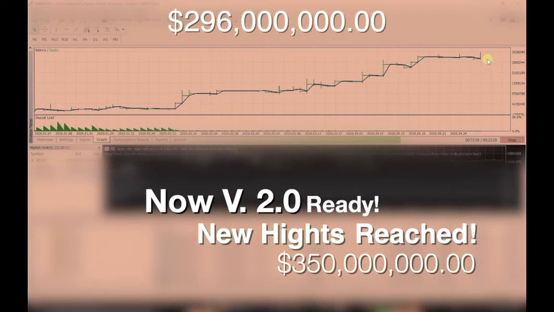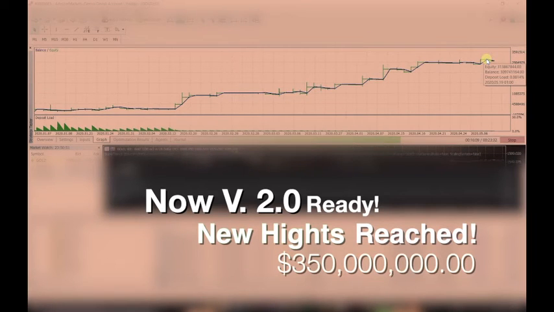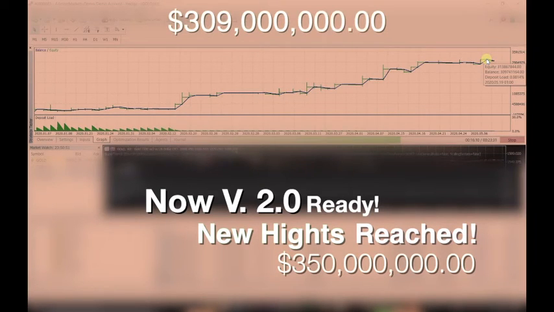Second thing you can tell if this EA can make this much money or not. What kind of market is it dealing with? Does this market have a lot of movement or not? For example, now you can see we reached 309,741,164 so far. Over 300 million. Now, the second thing I was talking about, which is how you can tell if this EA is real or not, is the market.